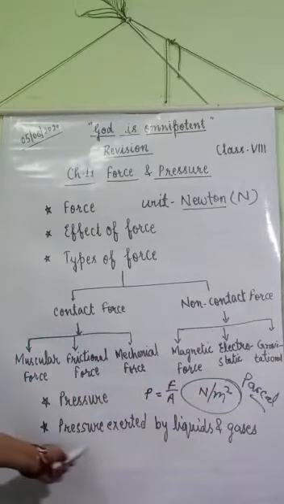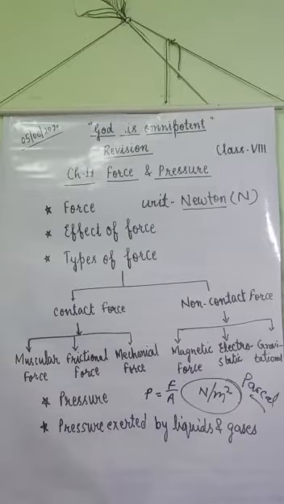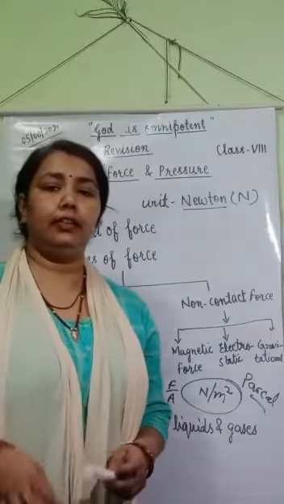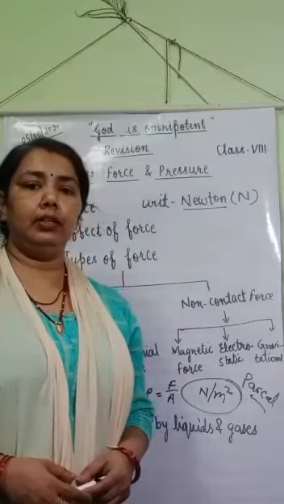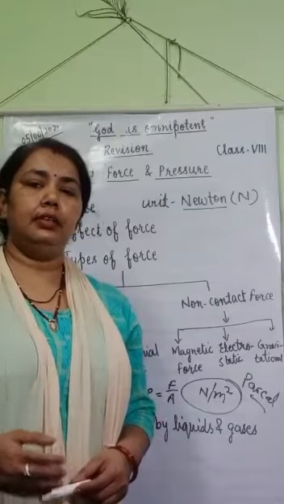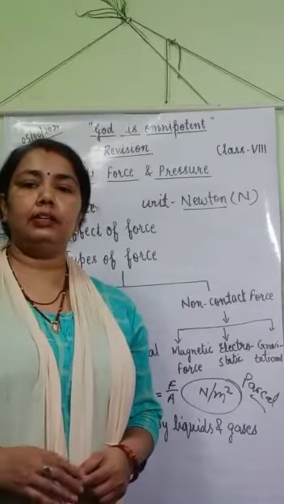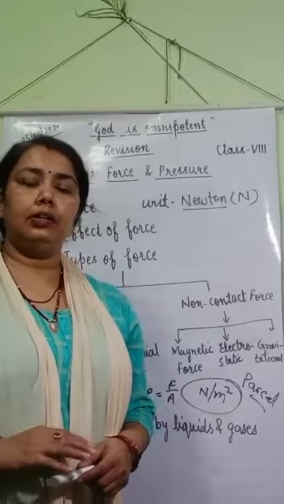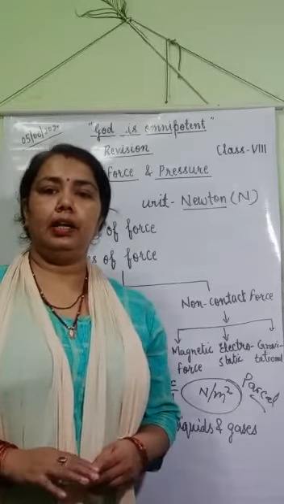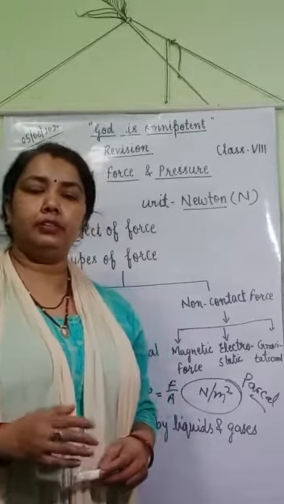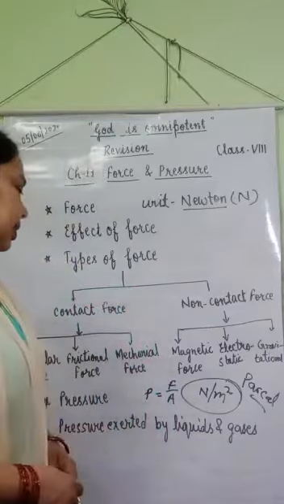After this, pressure exerted by liquids and gases. Pressure exerted by liquids on the surface of its container depends on the height of the column. As depth increases, pressure of liquids on the surface also increases, and the pressure at the same depth is equal.